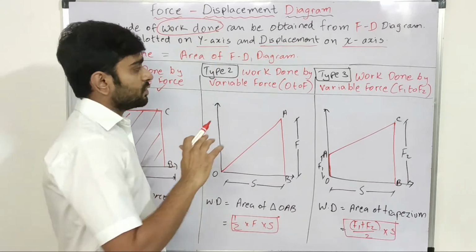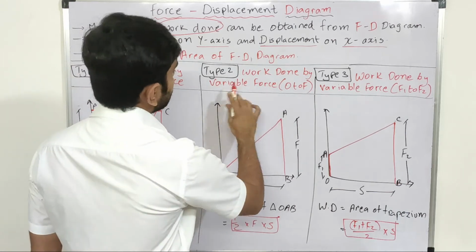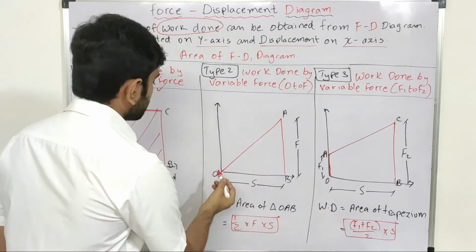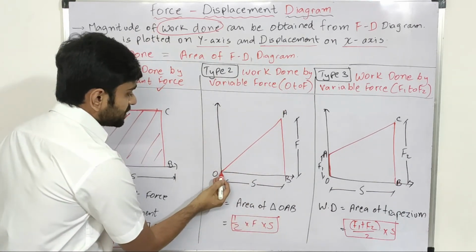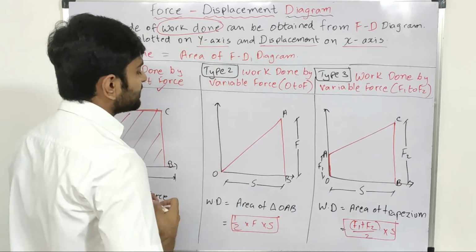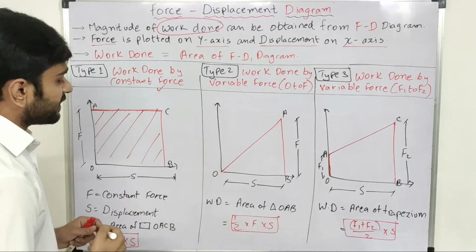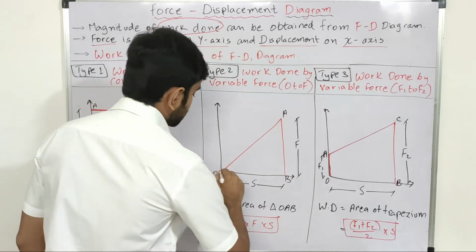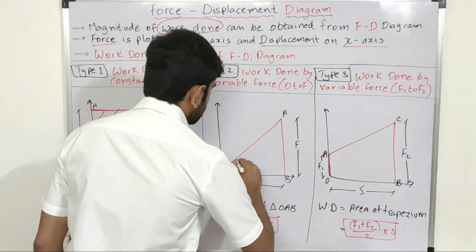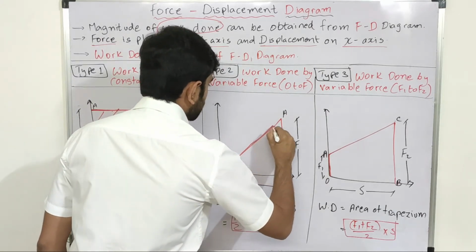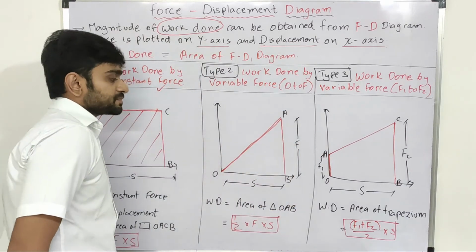Talking about the second type, work done by variable force. Our force is starting from origin 0 to F, so the line will run something like this. With the increase in force, our displacement is increasing.